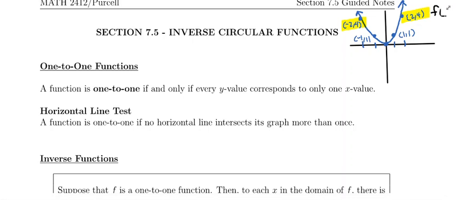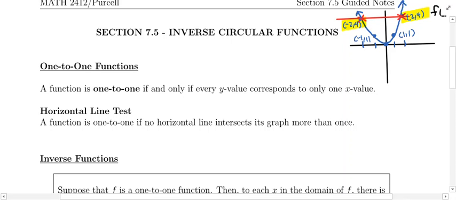The reason this violates the horizontal line test is there is at least one spot, and I'm trying to draw this through those 2 points, where I can draw a horizontal line that will intersect the graph in more than one point. What this horizontal line test is doing is catching points on the graph that share the same y value. So that makes it not one-to-one.